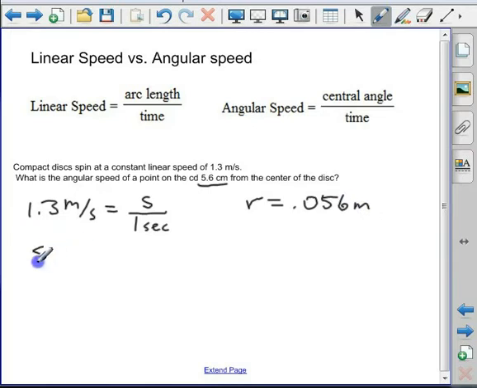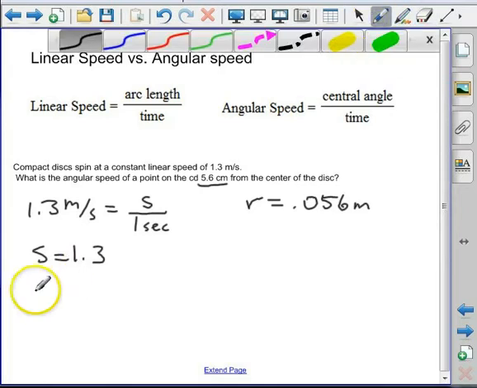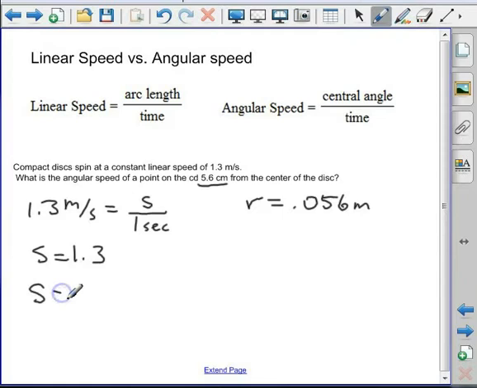Okay, so S equals 1.3. That means that we need to convert that. Remember that S equals r theta. We need to convert that to a central angle. So S equals r theta.